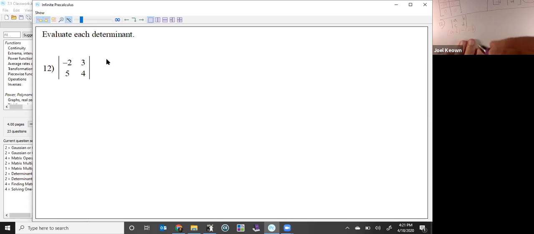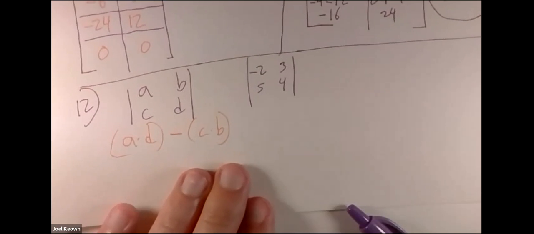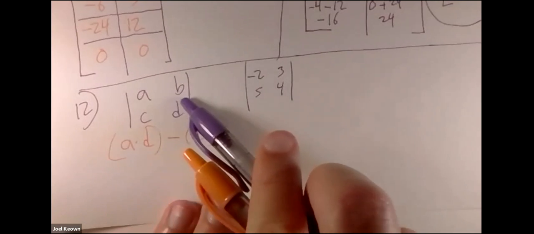Well, let's look at number 12. Number 12 is negative 2, 3, 5, 4. Okay. So let's go to full screen.